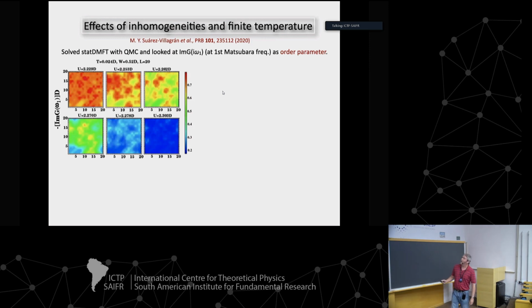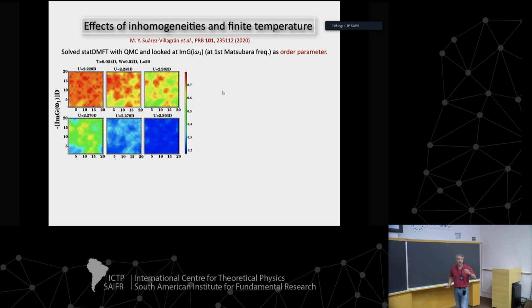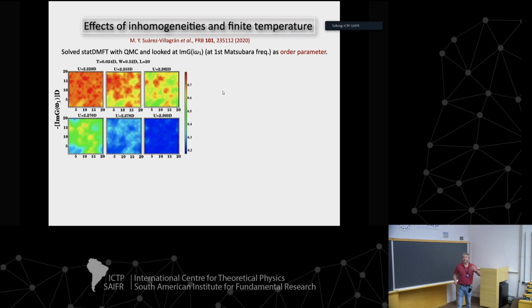Unfortunately, what we can do here is to look at the first Matsubara frequency. That's not ideal, although it does have the expected behavior in the sense that this should be finite in the metallic regions and go to zero in the insulating regions. And that's what you see here. The color scale is here. As you cross the transition, as you crank up U at fixed temperature, you do see the formation of those same puddles that I showed before.